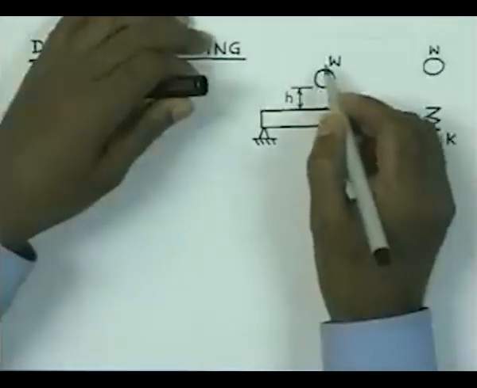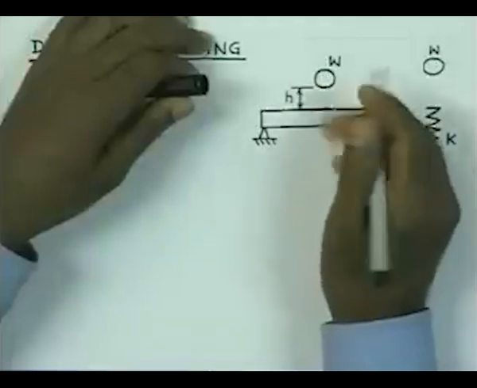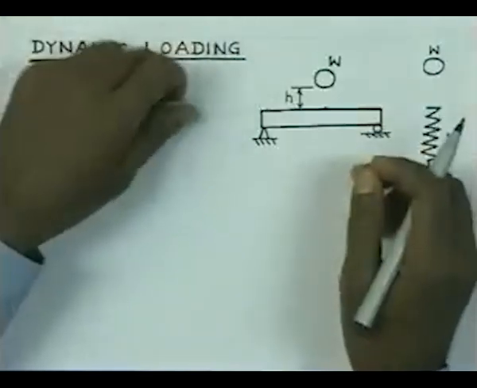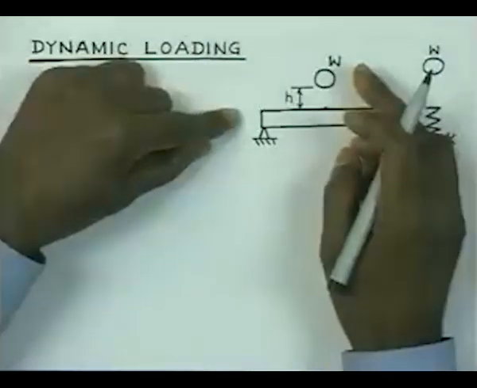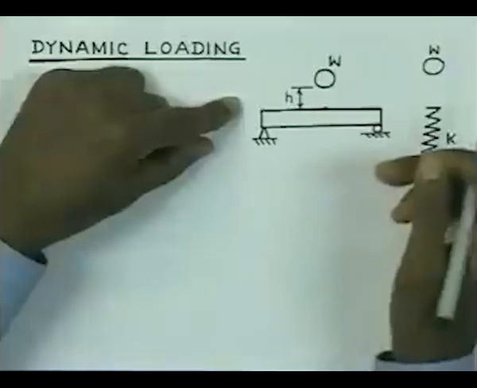Now, if I allow this weight to be dropped from a height h, then there is going to be a deflection, and it is going to be different. So, the question is that this is really due to the fact that there is sudden loading on the beam, and hence there is a difference.